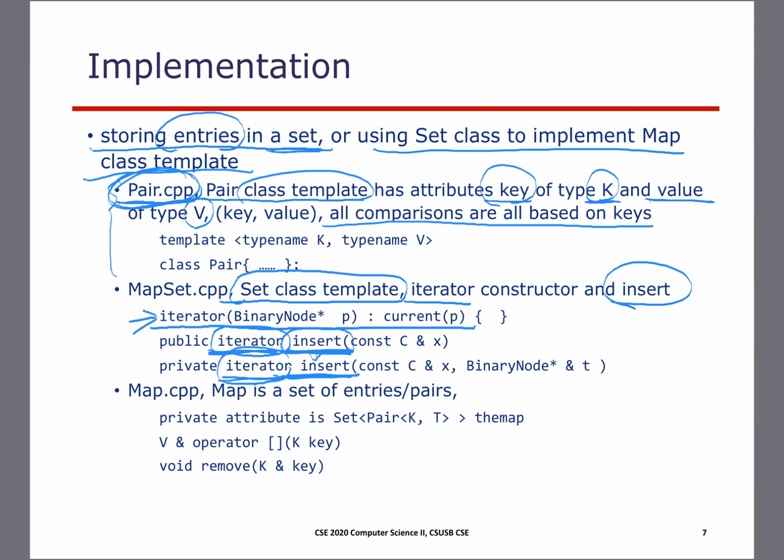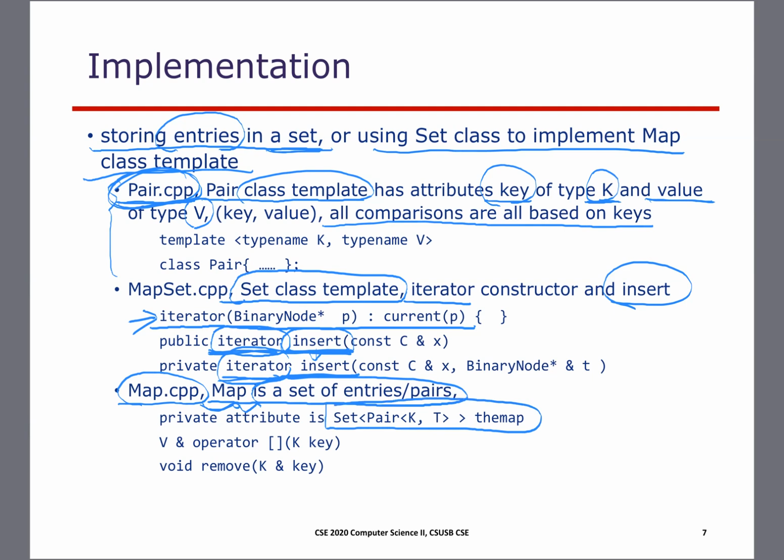And now the last one, we add this maps.cpp to implement the map class template. Map is a set of entries. So we store a collection of entries in a set. That means these entries are sorted. And we also have the unique key for these entries. This map class template has one private attribute.